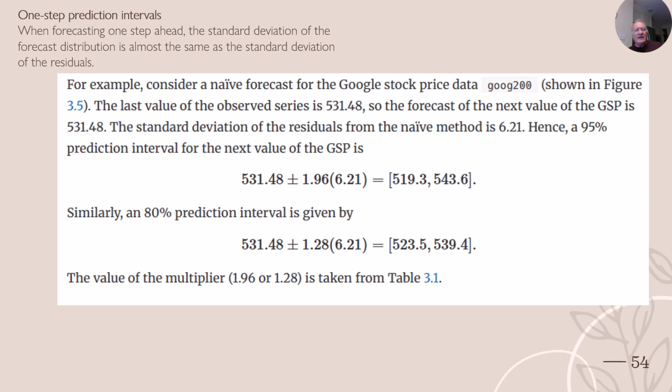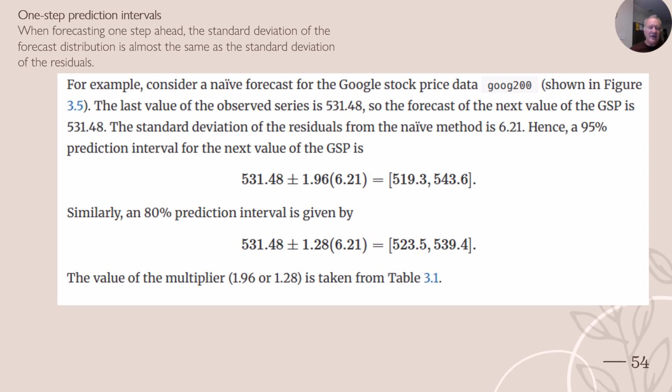For example, consider a forecast for the Google stock prices shown in figure 3.5. The last value of the observed series is 531.48, so the forecast of the next value is going to be 531.48. The standard deviation of the residuals is given as 6.21.